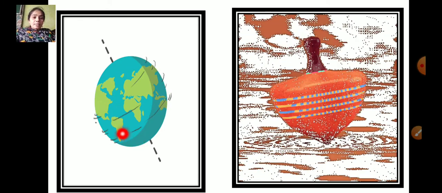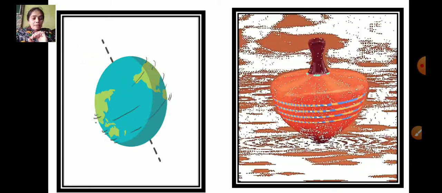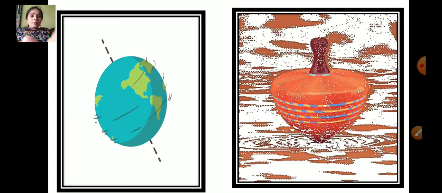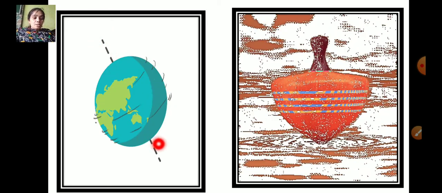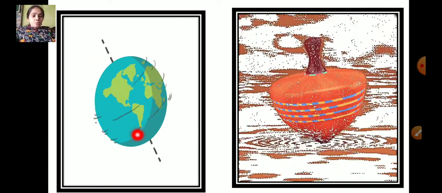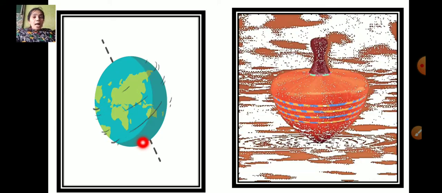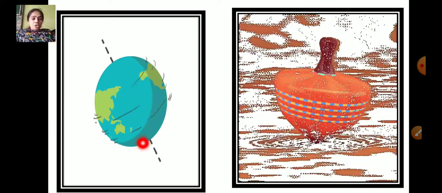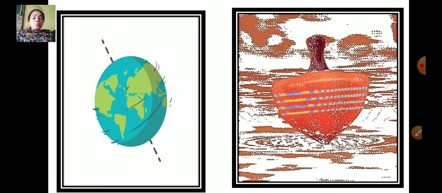And this imaginary line, can you see this imaginary line? So this imaginary line passes through the North Pole. So this is the North Pole and this is the South Pole. So this imaginary line passes through the North Pole and the South Pole of the earth. It is called the axis of rotation. So what is rotation?